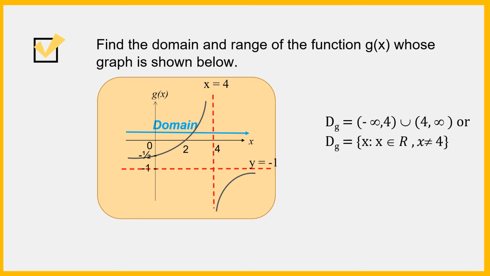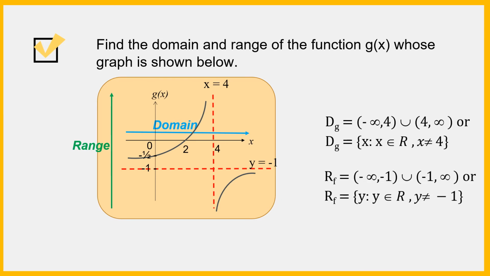The vertical extent of the graph takes any values of y in the real number system R, except y equals negative 1. So the range is (negative infinity, -1) union (-1, infinity) in the interval form, or in the set form, for all y in R, y cannot be negative 1.